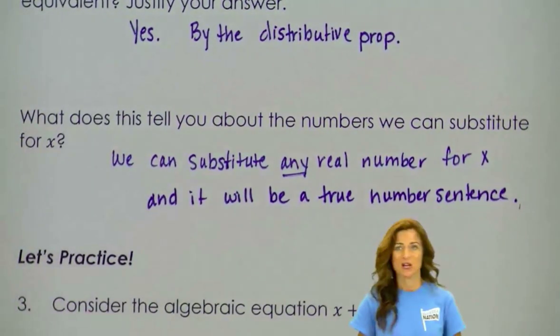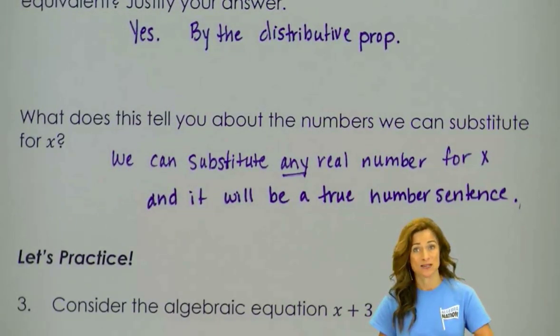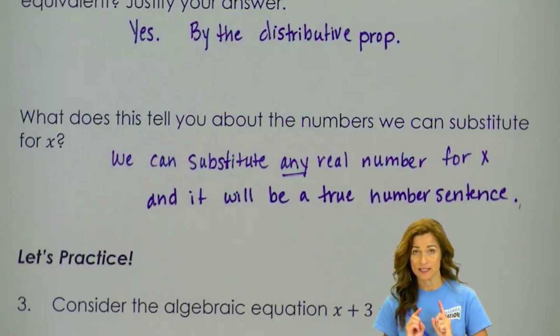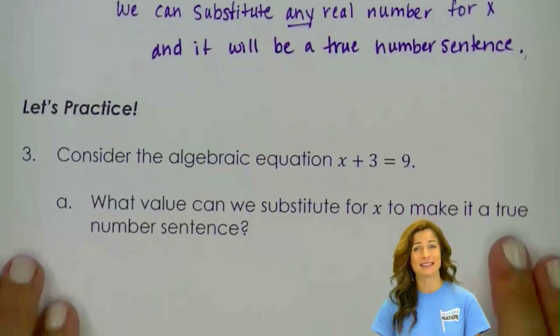No matter what number we put in for x, it's going to make it a true number sentence, because we are doing the same thing to x on the left that we are doing to it on the right. This is not always the case, and let's practice with some that are like that.